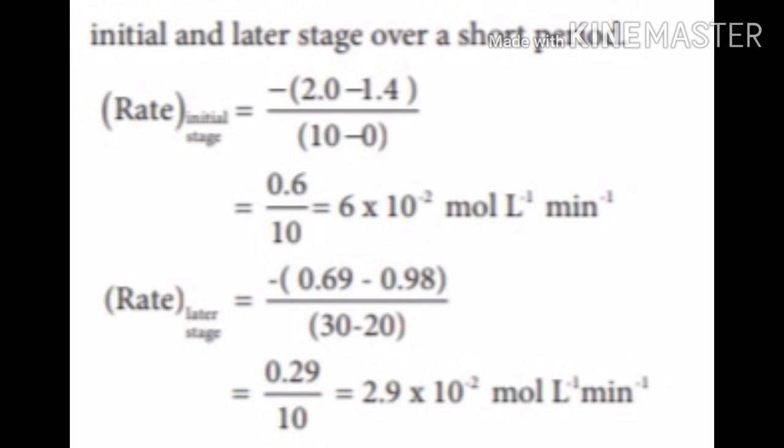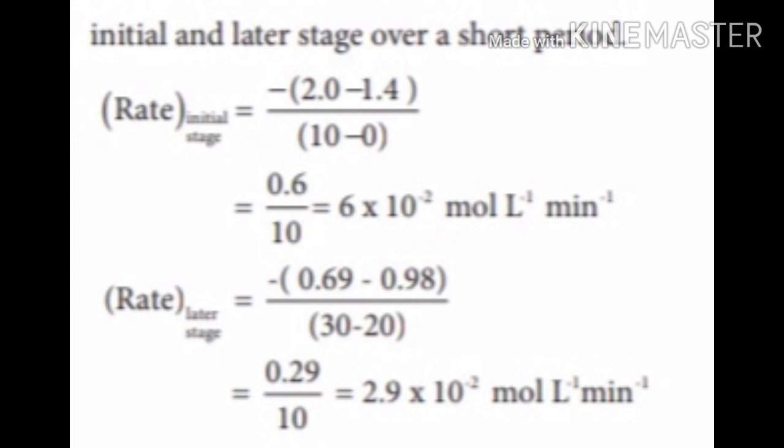Let us calculate the average rate for an initial and a later stage over a short period. The first one is the initial stage, a short period, from 0 to 10 minutes: minus (1.4 minus 2.0) divided by (10 minus 0) minutes.